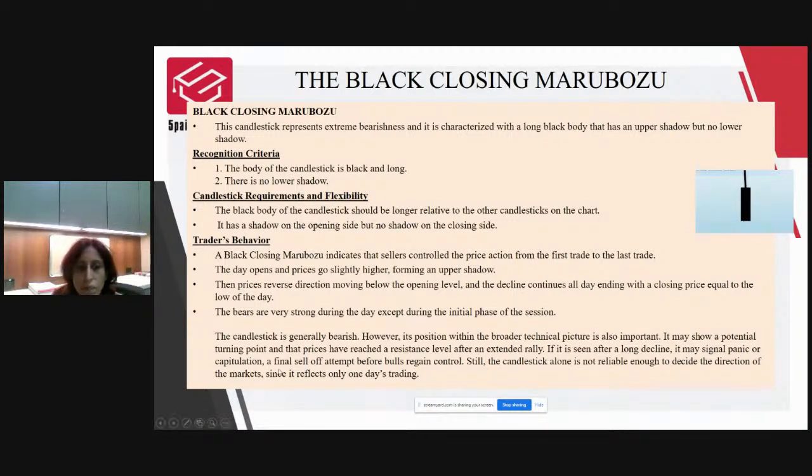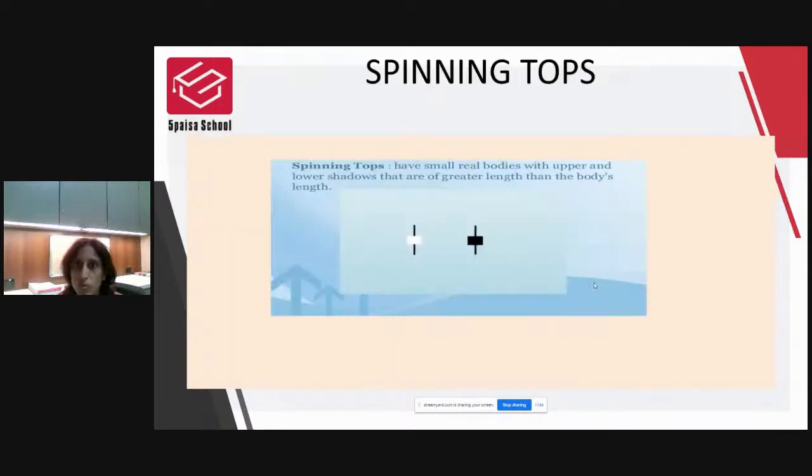Now, if this is seen after a long decline, it may signal a panic situation or a capitulation, and maybe this is a final sell-off attempt before the bulls regain control. So this was about the black closing MARUBOZU.